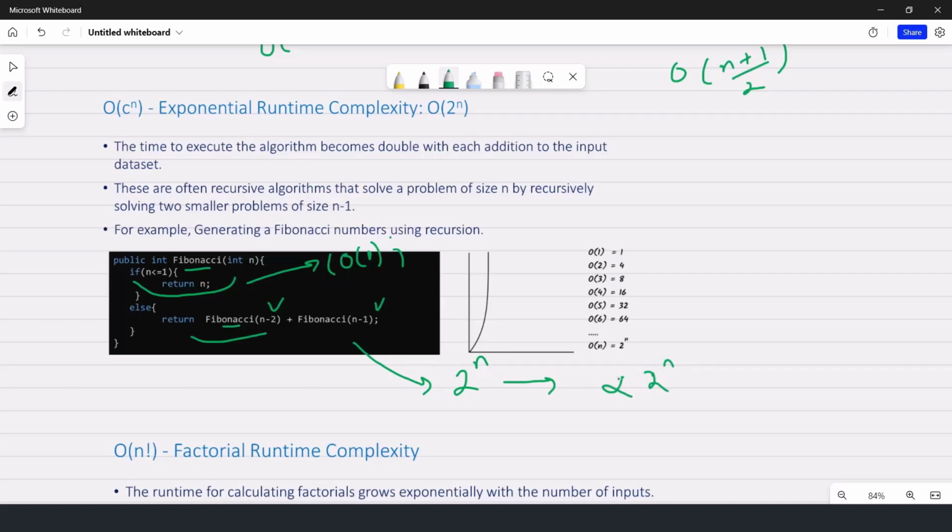However, it is important to note that each recursive call performs a constant amount of work, comparing n with 1 and returning n. Therefore, the work done in each recursive call can be considered O of 1. Considering the number of recursive calls and the work done in each call, the overall complexity of Fibonacci can be approximated as O of 2 to the power n.